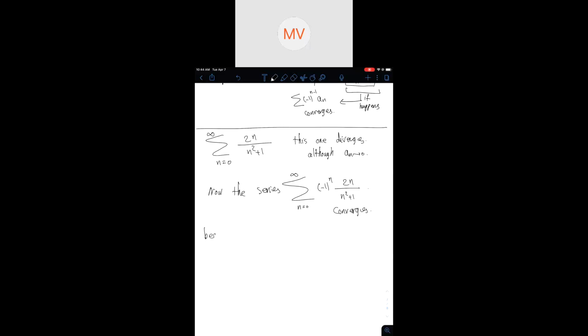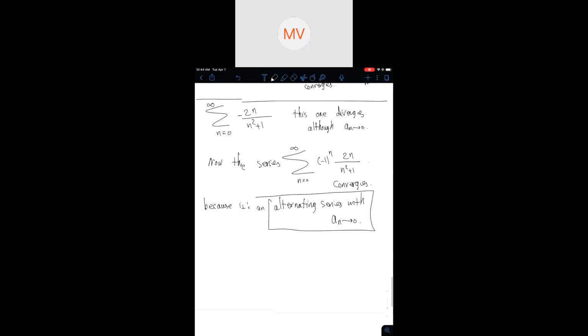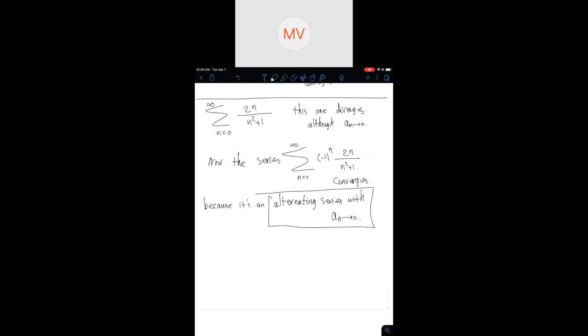And this is the justification. You say because it's an alternating series with a n approaching 0. That's it. Alternating series with a n approaching 0. Okay.